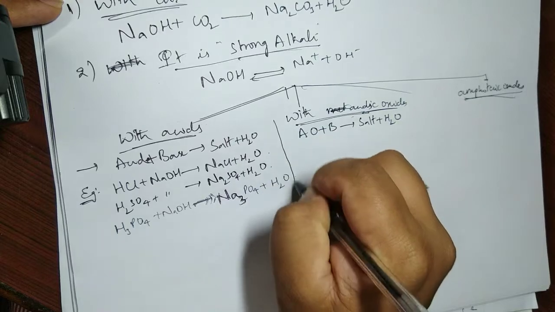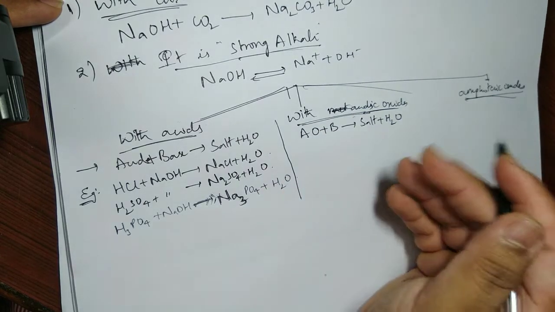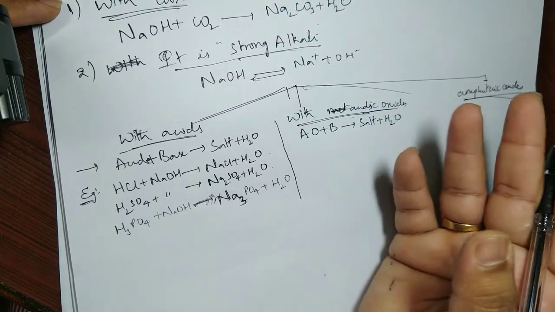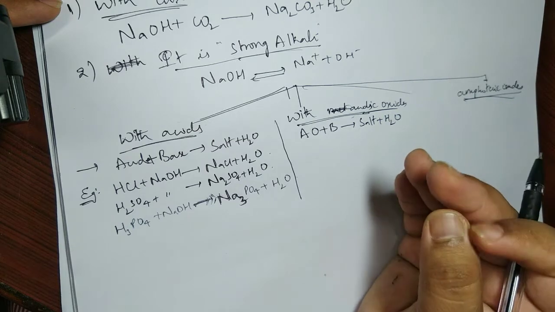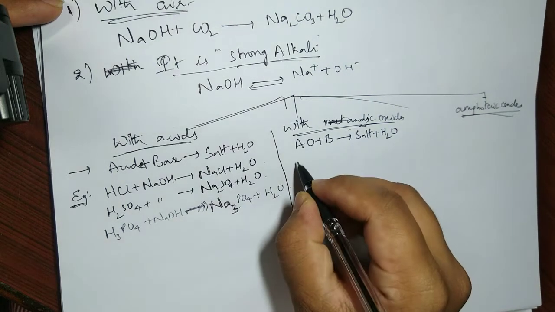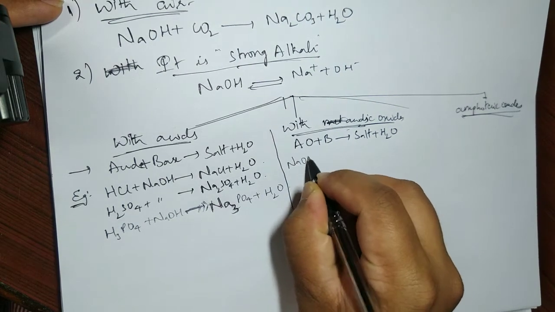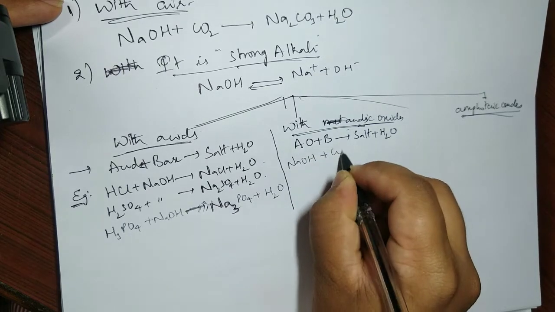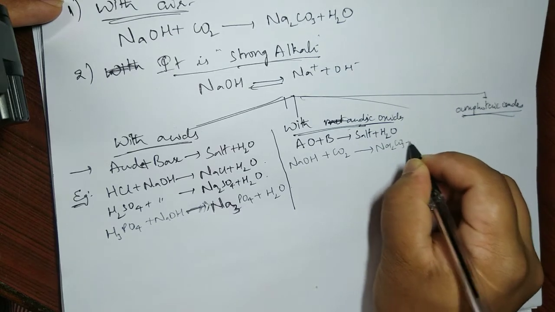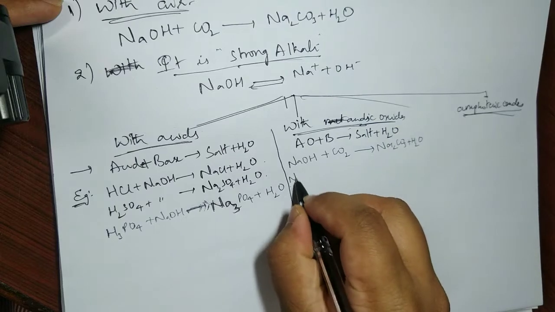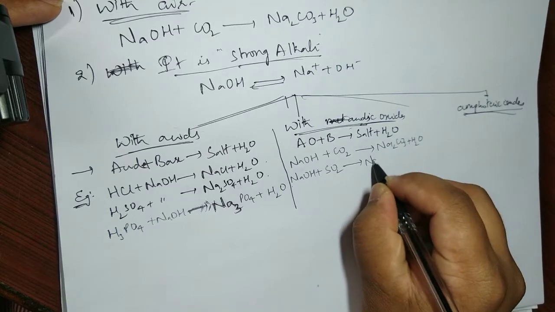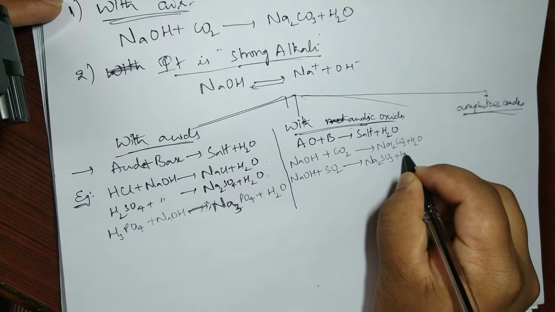Very simple. Now with respect to acidic oxides, basically acidic oxides are nothing but non-metal oxides. Non-metal oxides are acidic in nature, correct? So for example, if I treat NaOH plus carbon dioxide, it forms sodium carbonate Na2CO3 plus water. Suppose I treat NaOH with sulfur dioxide, it forms Na2SO3 plus water.